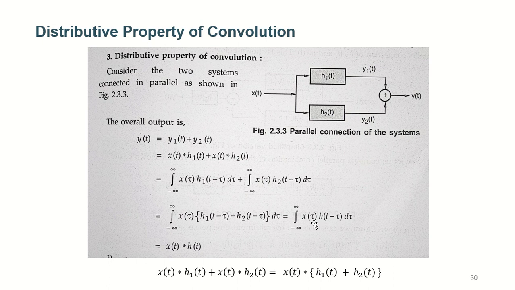So instead of this whole term, we just wrote h of t minus tau, and when we wrote it, it is nothing but the convolution formula of x of t convolved with h of t. So that is the distributive property. What it proves is that x of t convolution with h1 of t plus x of t convolution with h2 of t will always be equal to x of t convolution with the whole term h1 of t plus h2 of t. So that is the distributive property of convolution for you.